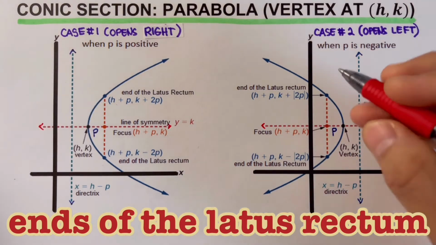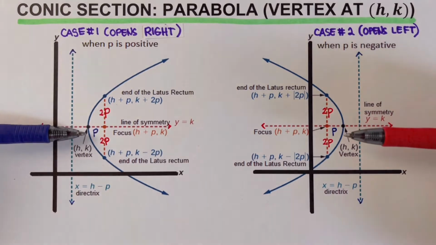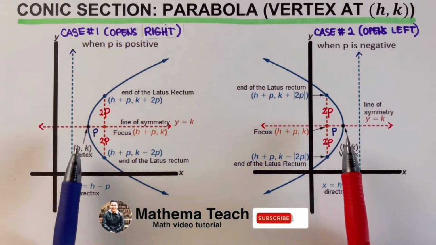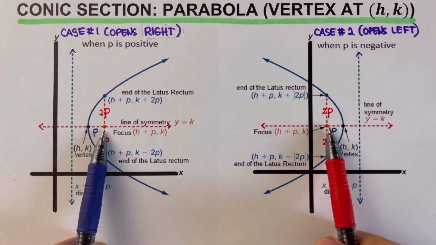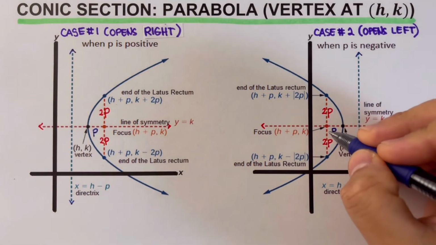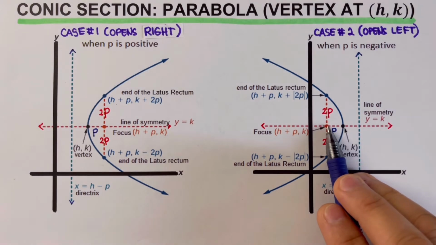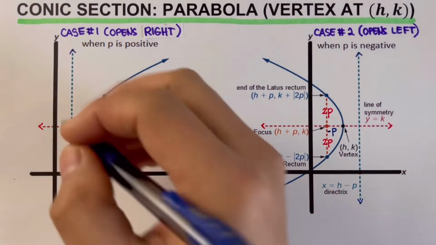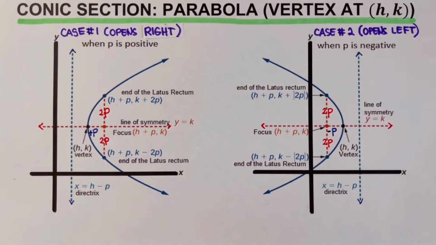So I'm going to go ahead and write that up here. We also remember that this value of p, which is from the vertex to the focus, will be negative here because it's going to the left. While on the other one right here, the value of p is positive because it's going to the right.